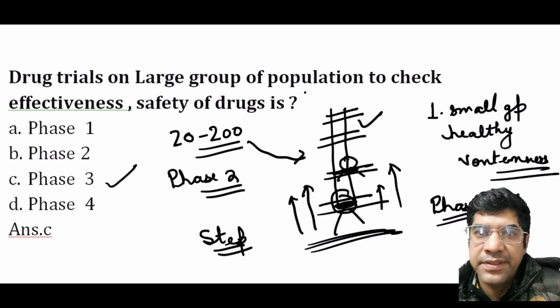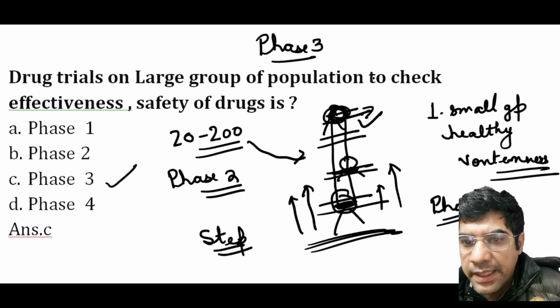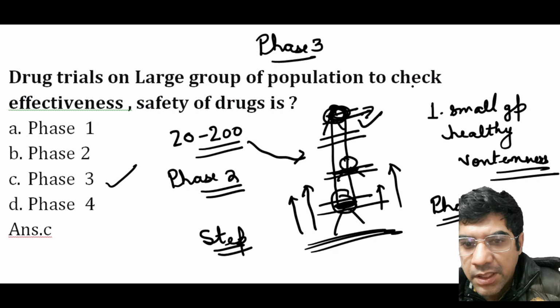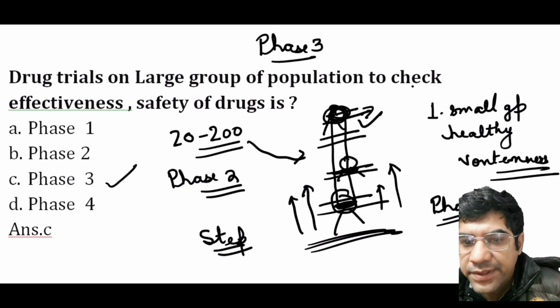The third is phase 3. So here we climb higher on the ladder. The drug is tested on a large group of patients at multiple centers. This phase helps to understand how the drug works in a diverse population, including different genetic backgrounds.